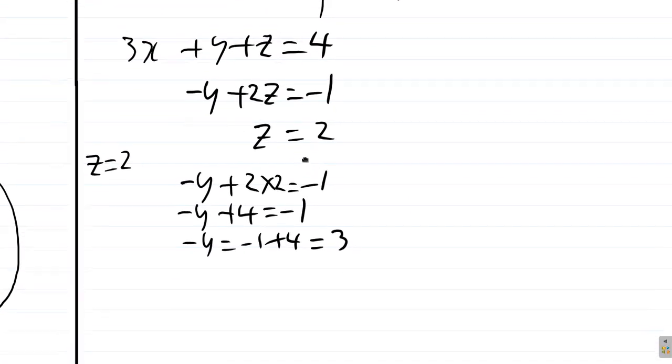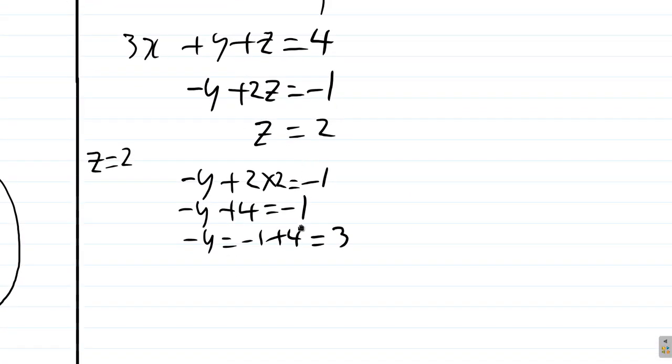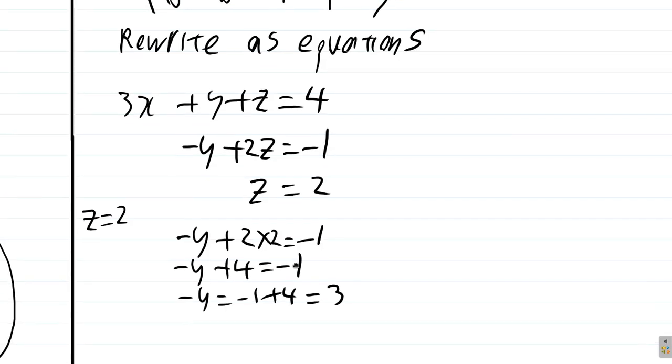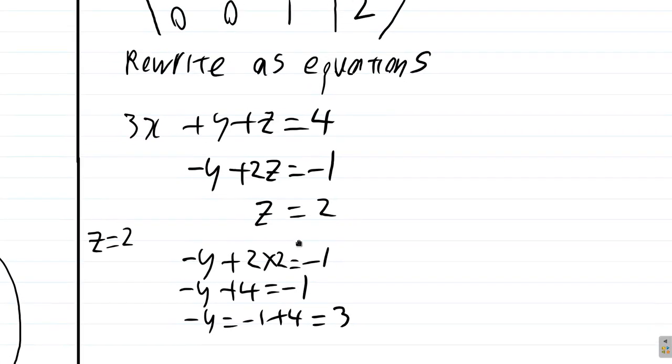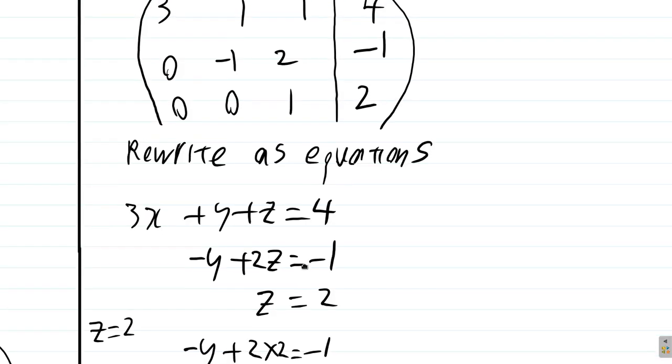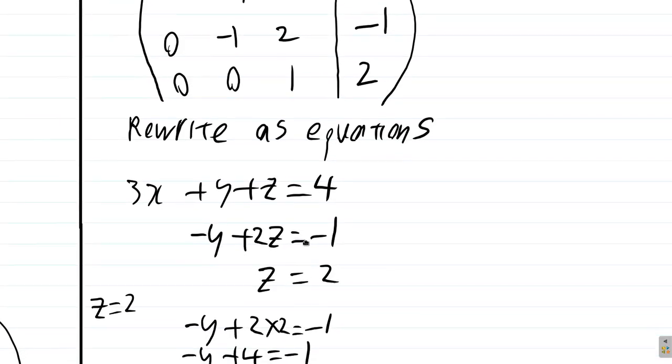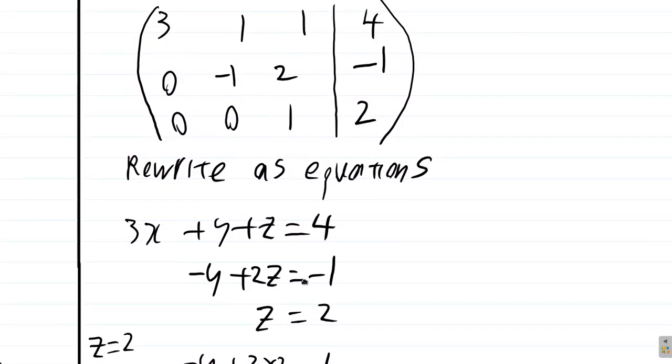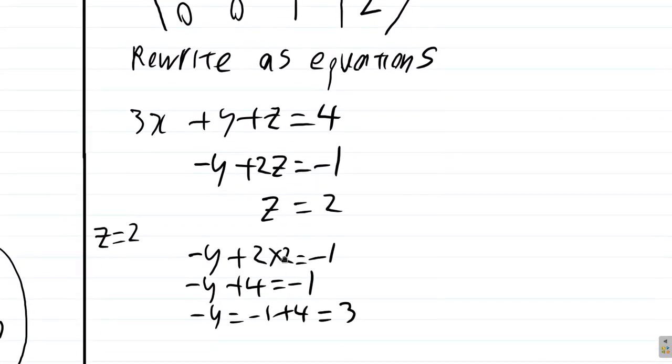Now, hold on, we have negative y plus 2z, 2 by 2, equals negative 1. And then negative 1 minus 4. What did I say? Plus 4.